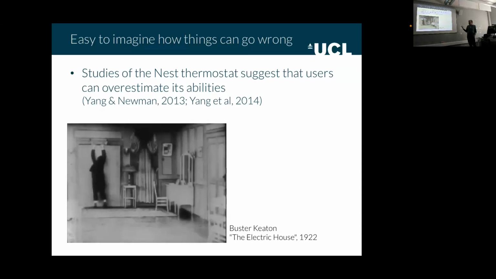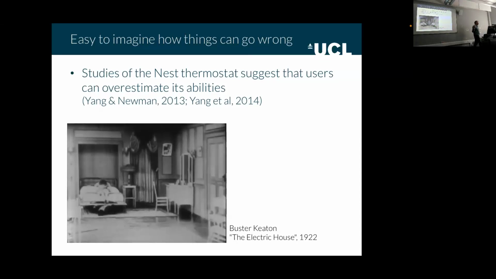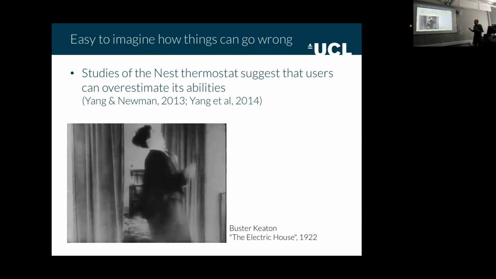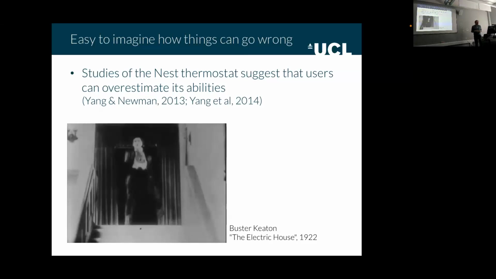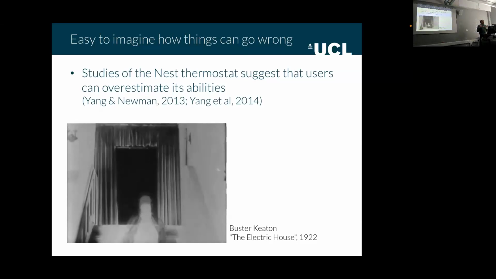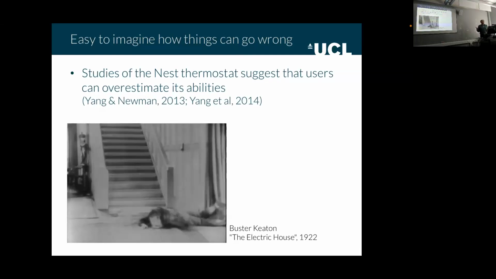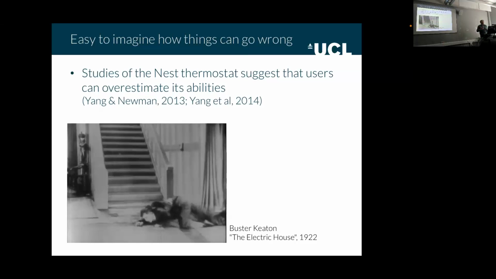But exactly because it's easy to imagine how things can go comically wrong when you delegate agency and you start to have actuation in the home, I think that makes it a really interesting and challenging area to do HCI research. Can we design interaction around the system so that when they work well, we take advantage of it, but when they don't work well, we regain control?